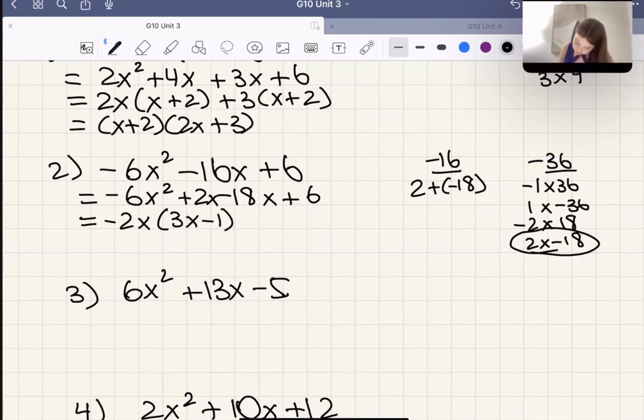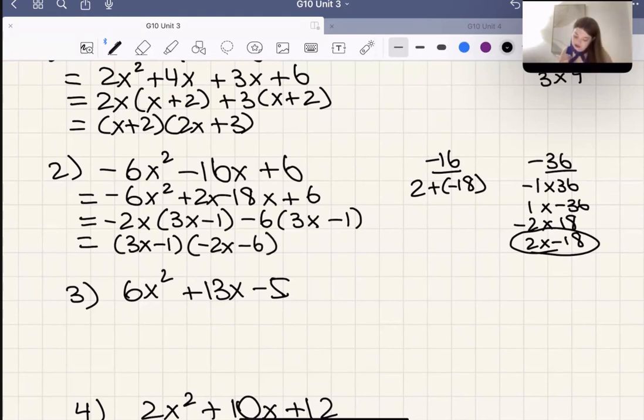And then with this one, we have negative 6 times 3x minus 1. And then we can finish that off and say this is the same as 3x minus 1, negative 2x minus 6, like that.